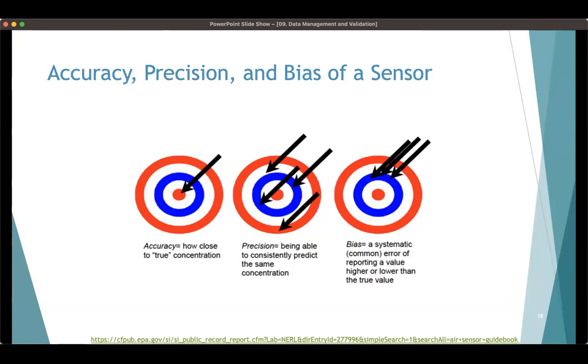When it comes to accuracy, accuracy means how close to the true concentration. ඒ කියන්නේ true information. When it comes to precision, what does precision mean?